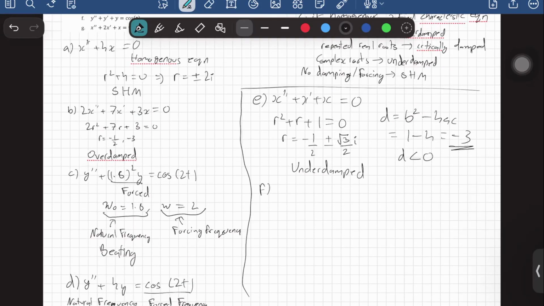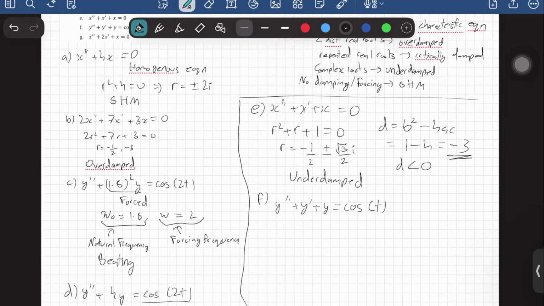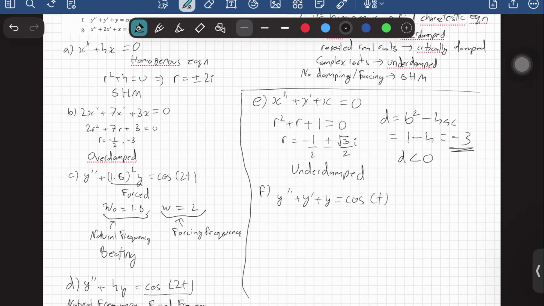So this one is y double prime plus y prime plus y equals cosine of t. Yep, that's it. So we know this is a forced equation because the RHS is not equal to 0.